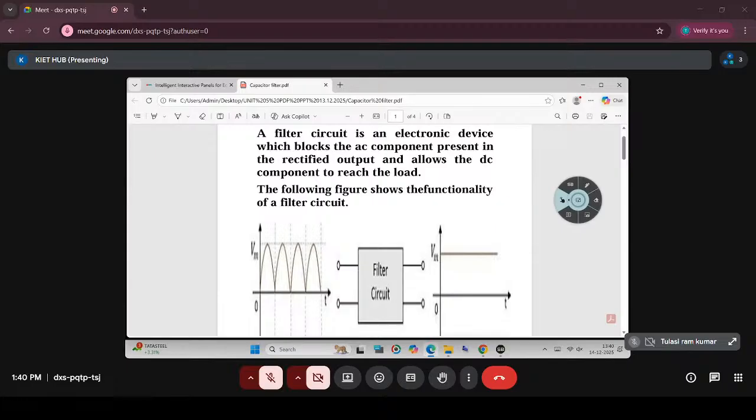Now we'll discuss 2 types of filters, inductor filter and capacitor filter, with a diagram. So we have completed filters. Today's topic, the 5th topic, is filter. It comes under unit 5.